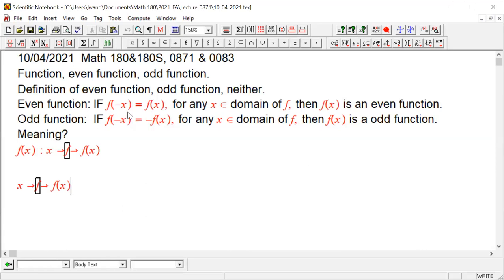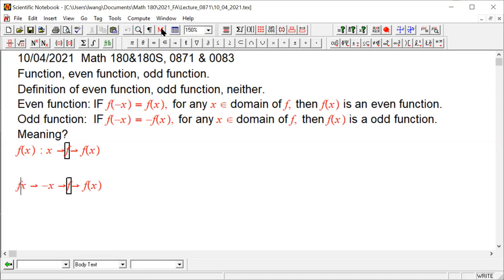How about when the negative sign is inside? What happens is that before we get to apply the rule of the function, we first process the negative, the opposite of the input.